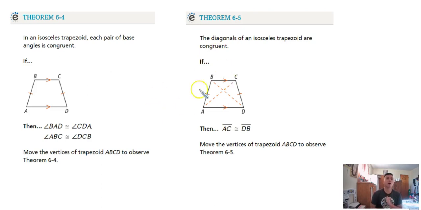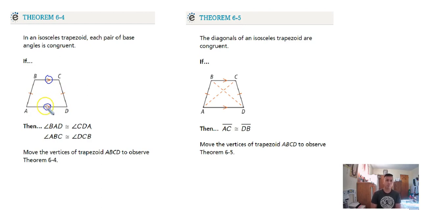So if we have this illustration, of course BC and AD, this arrow here symbolizes that these two segments are parallel, meaning they will not intersect each other. And AB is congruent to DC.